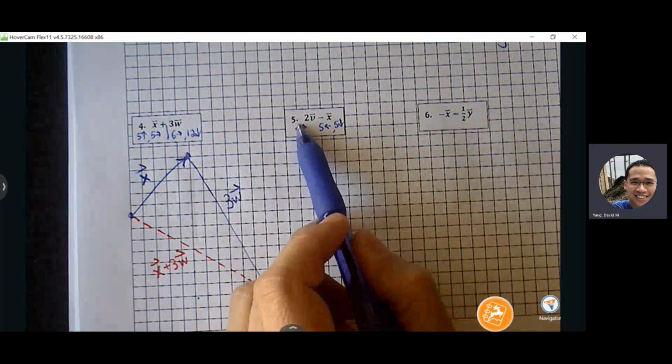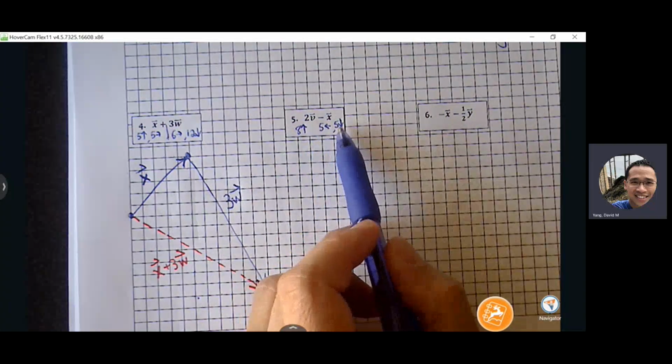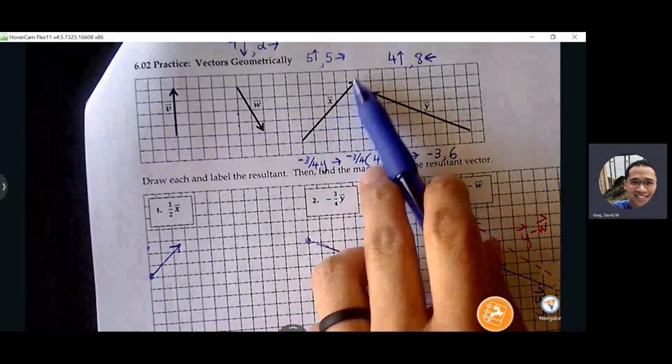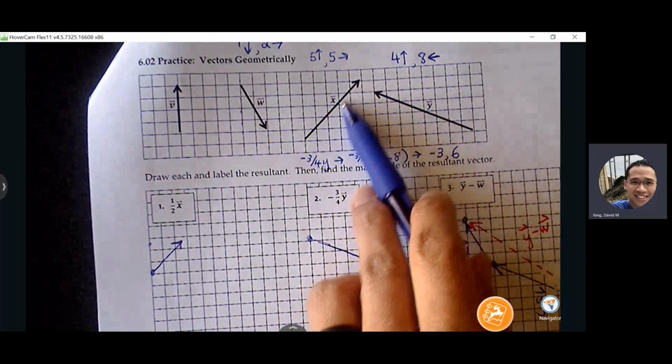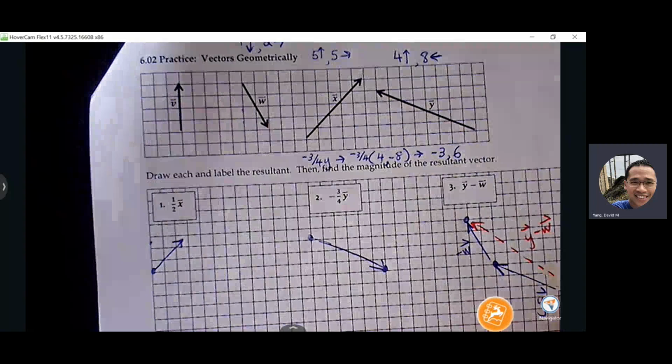Think of number 5 as 2v plus a negative x. So x is initially going up and to the right, so negative x will start here and go down, right? So we'll go down and to the left.